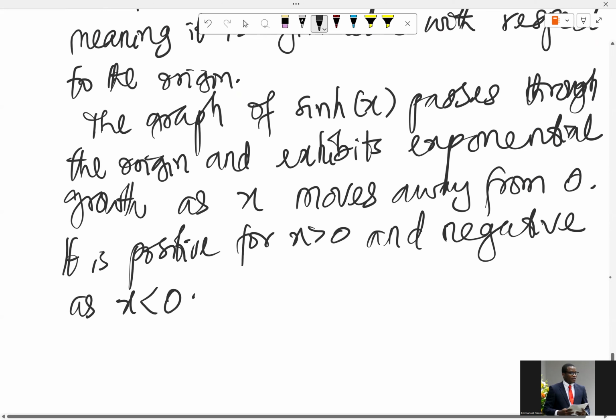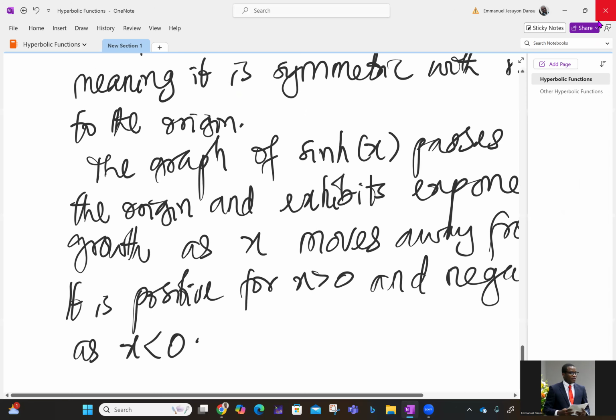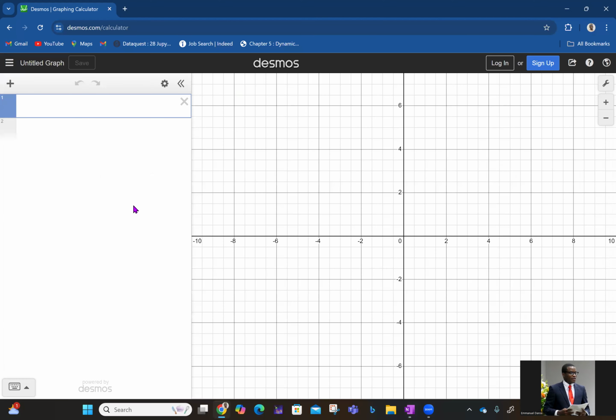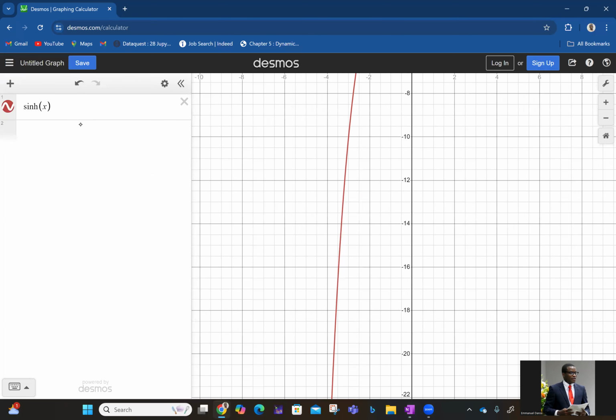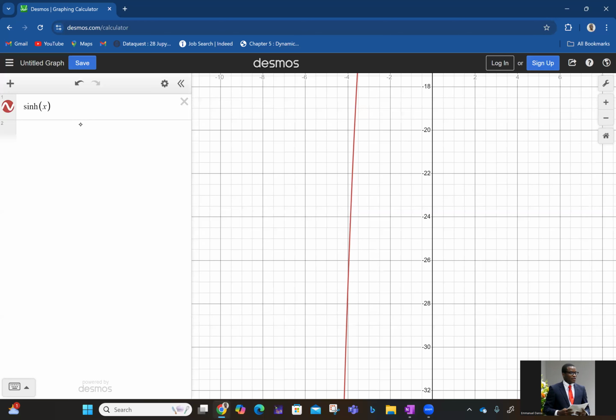Okay, so let's switch over to Desmos to see what sinh x looks like. Desmos is a very good tool for visualizing graphs. So I just type sinh x. You can see the line jumps right out. It passes through the origin, and as x increases, the red line keeps increasing.